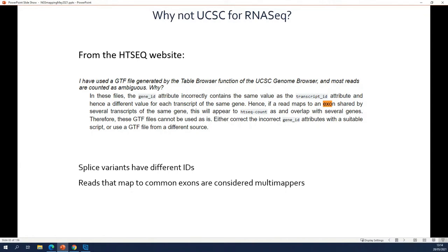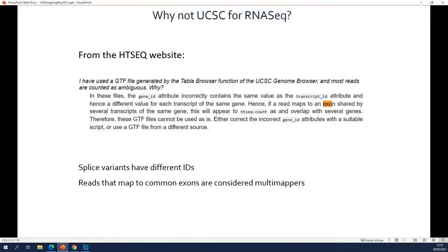Well, because in the Ensembl data, there are gene IDs and there are transcript IDs. And each transcript, so each splice variant, has the gene ID of the original gene. So the different splice variants that belong to the same gene, they will have the same ID, which is great for these counters. That's what they want.